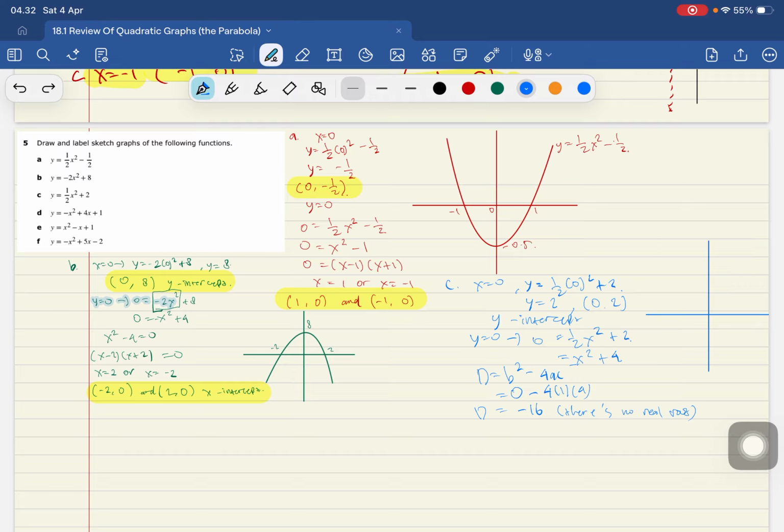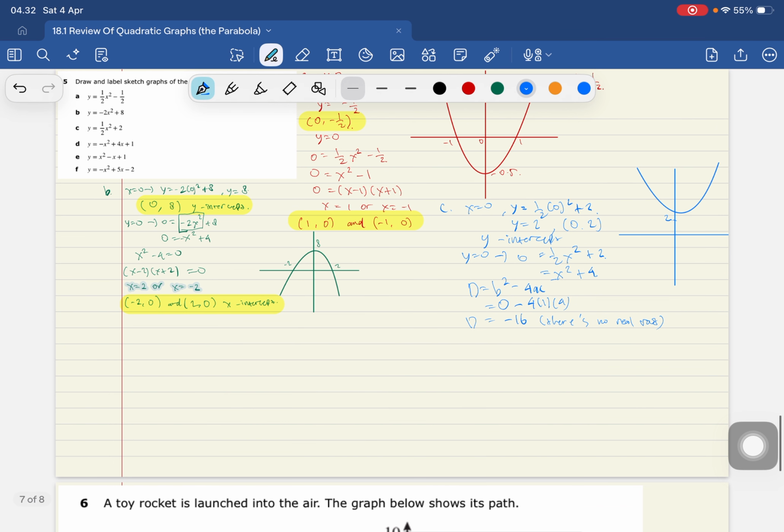We need to make it symmetrical, with the y-intercept at 0, 2. Okay, let's continue for D. I will write here the information we got: the y-intercept, and there are no real roots.